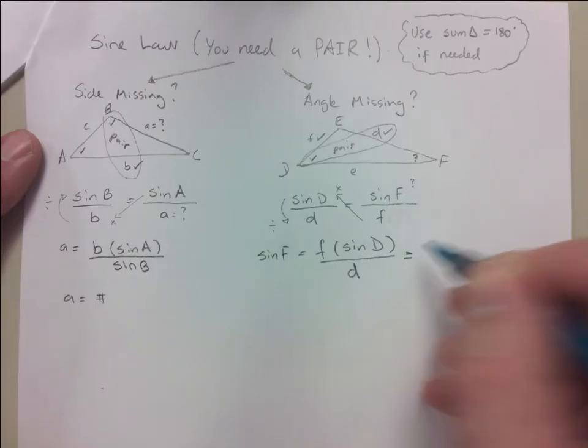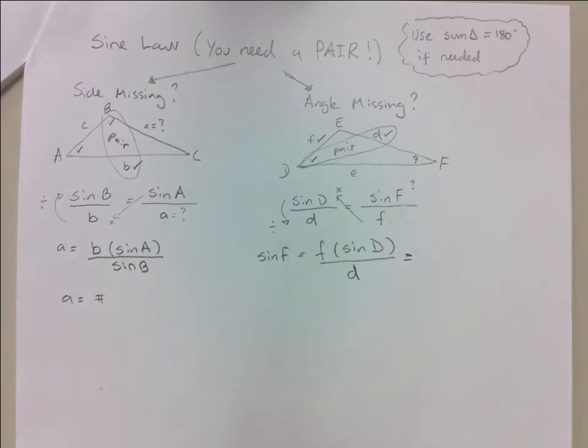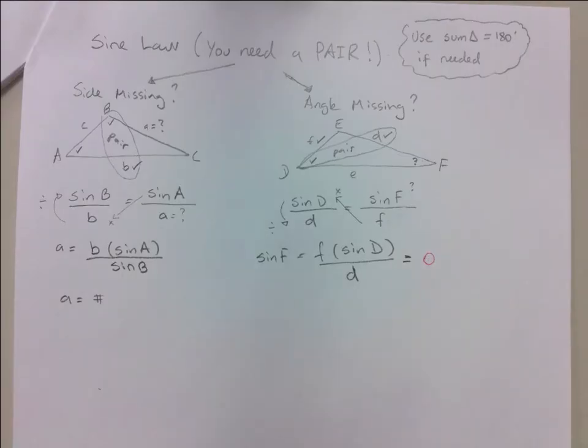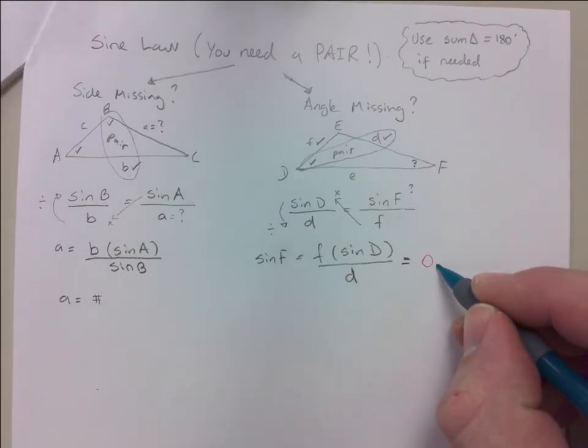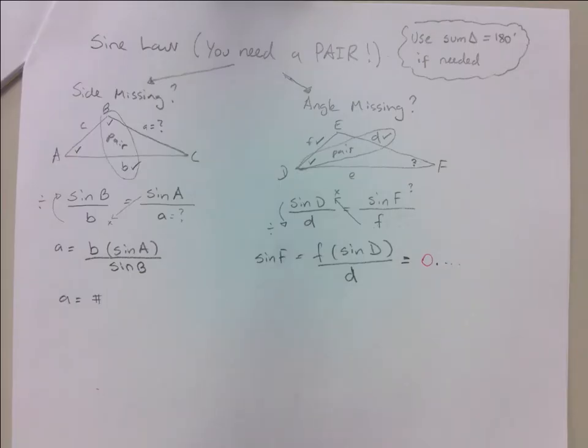Out of this, what is it going to start with? What number is this going to start with if you're trying to solve for an angle? 0. It has to start with a 0, and then you're going to have dot, dot, dot. I'm not going to tell you what it is, because otherwise you're going to copy that number into your work.